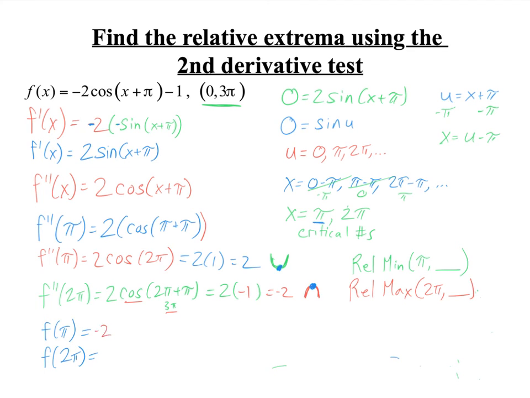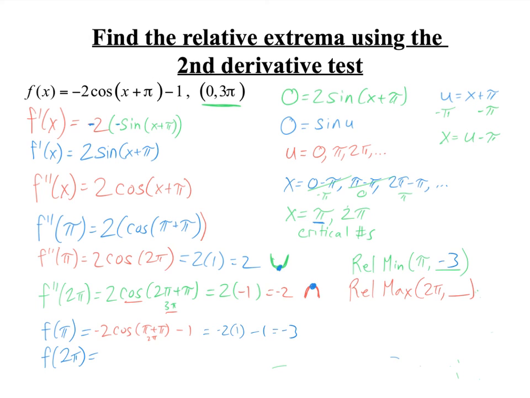So that's going to be negative 2 cosine of pi plus pi, which will be 2 pi, minus 1. So cosine 2 pi is 1, times negative 2 is negative 2, minus 1. Can you tell that's negative 3?